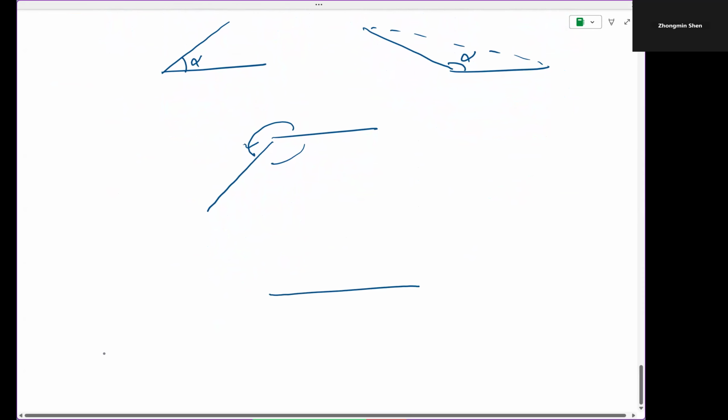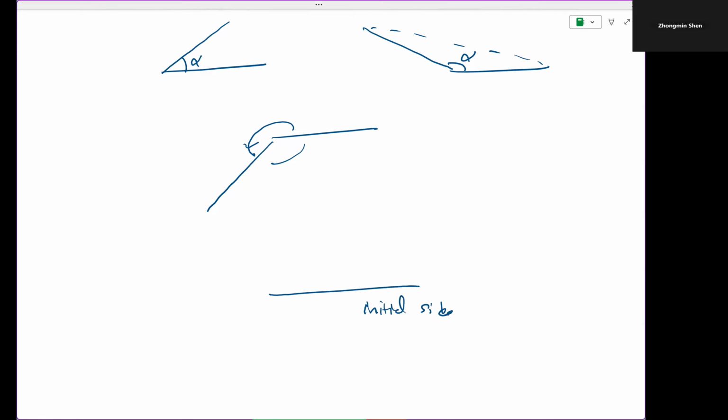So this is the initial side. When we talk about angle, we have to say which is the initial side, what is the terminal side. Terminal side, okay? And then you rotate the initial side counterclockwise.